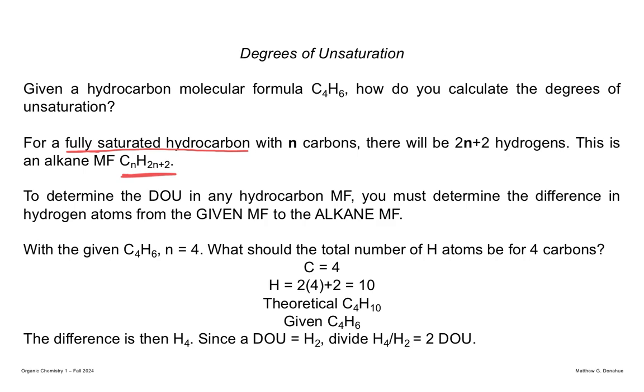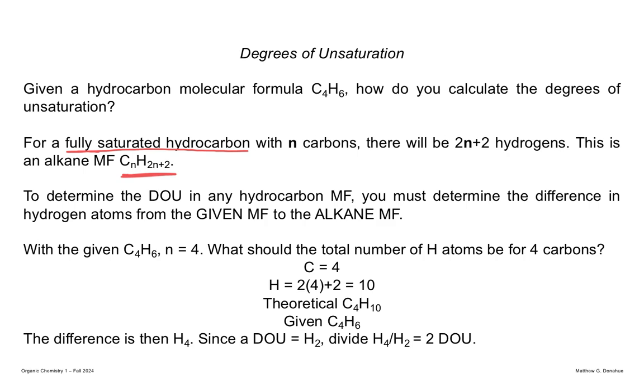So when I give you some random molecular formula for n number of carbons, you want to see what is the maximum number of hydrogens that n should have. Then if it does have a degree of unsaturation, that's informing you of what are the possibilities for that molecular formula in terms of drawing constitutional isomers.